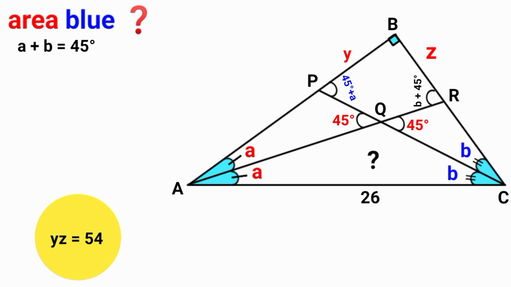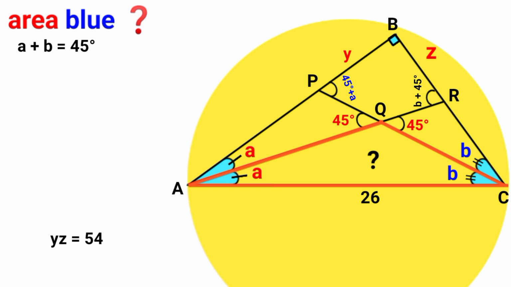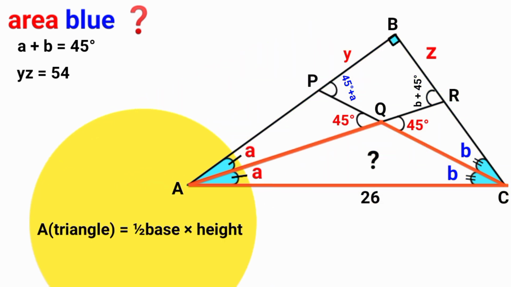Now let's come back to this triangle which we are asked to calculate its area. We know the formula for calculating the area of a triangle is half base times height. If we take this as the base, the height must be a perpendicular line to the base up to this vertex here.